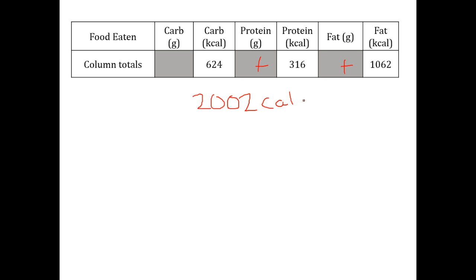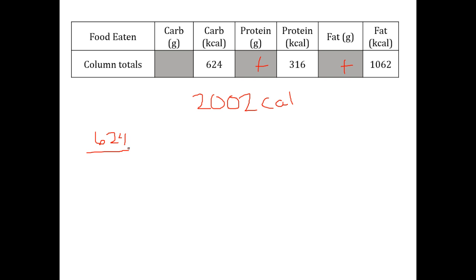Now the next question asked you to calculate the percentage of your diet that came from carbs, protein, and fat. So it's saying of 2,002 calories that you consumed, what percentage of those calories came from carbs? What percentage of those calories came from protein and from fat? So it outlines how to do this. It says percent of carbs in diet equals the total kcal from carbs, so that's 624.